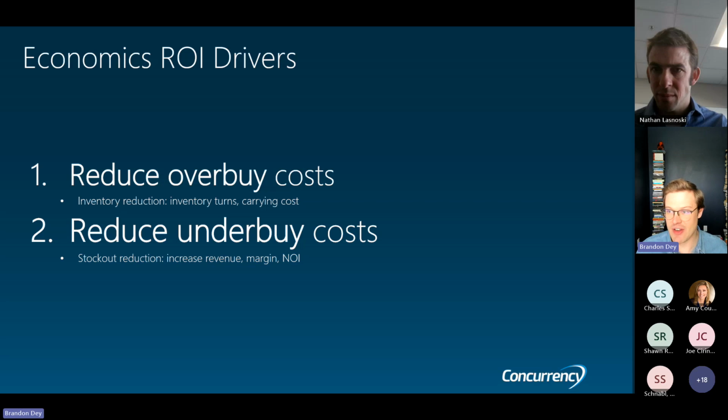This is basically not having enough of the thing you're trying to sell. If you're a retailer, a grocery store, or a furniture manufacturer or something, if you don't have product, your customers can't buy it, and the opportunity cost is missed revenue and margin. So that's problematic. That is really the only two ways that demand planning drives economic return.